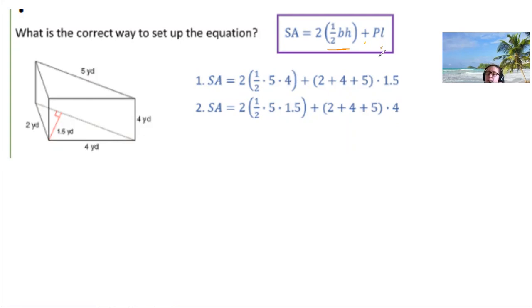What do you mean the base is not counted? So like they don't have a base? Is it like an open cylinder? Oh, that's a good question.